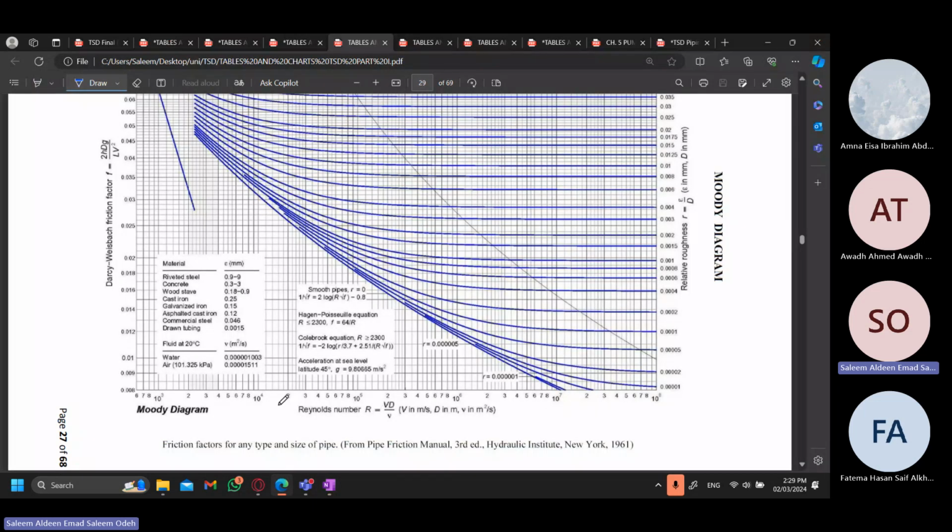We have it at 10 to the power of 4, so 1 would be here. 1.26 will be around here, so we'll just go straight up, which would be around here.